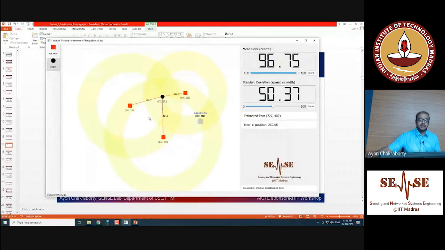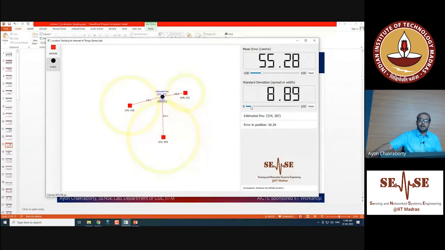If you see here, can you tell me a situation when it really becomes poor? When is the error just going to be maximized? Common sense: when the area of overlap is going to be maximized. If you have a very smeared area, instead of an intersection, now you will have an area, because you have this uncertainty in the range.